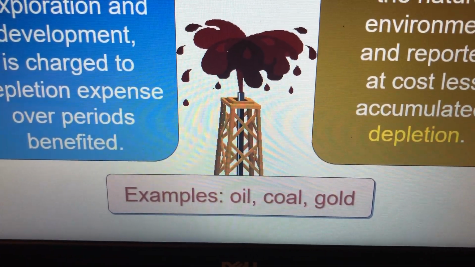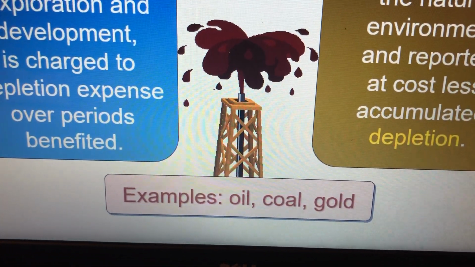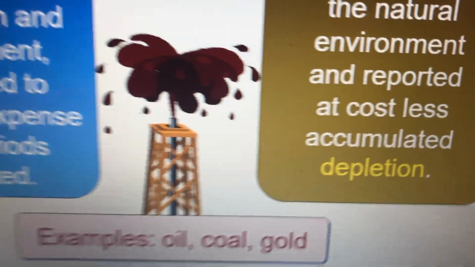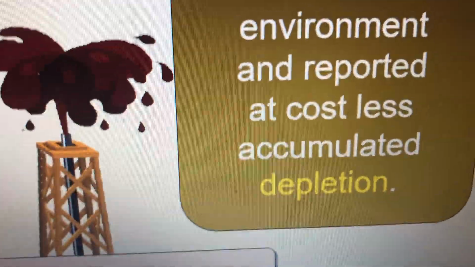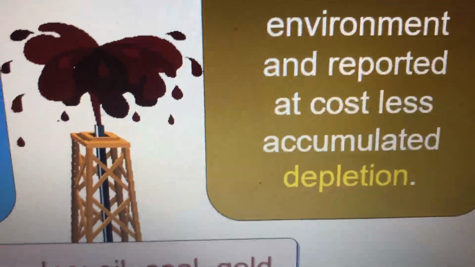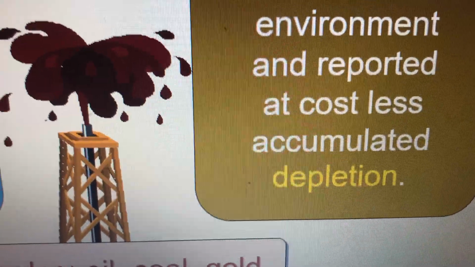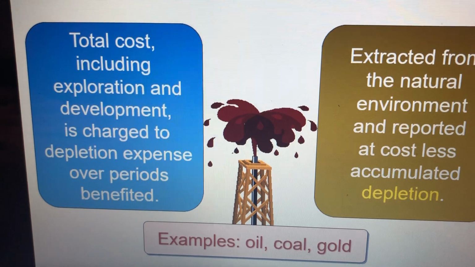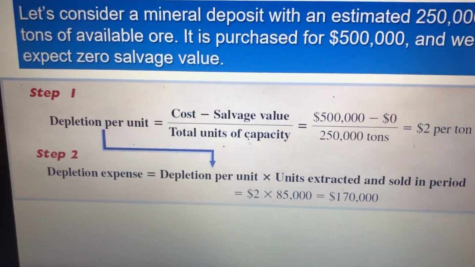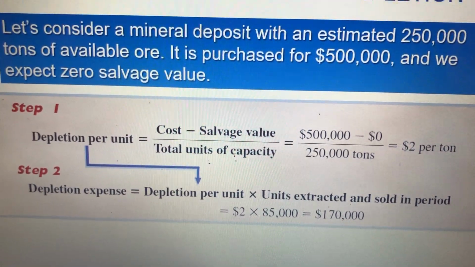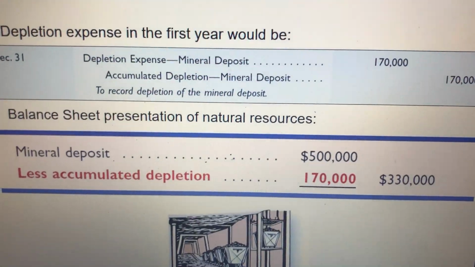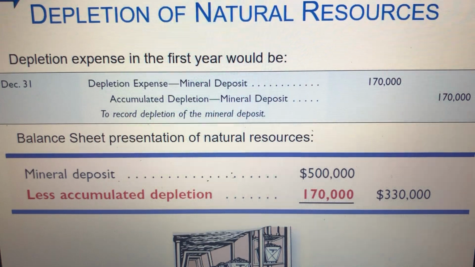Some examples: oil, coal, gold, diamonds, gas, natural gas. And what we do here is depletion. You would have a depletion expense, and accumulated depletion. Another thing I want you to know, and they use units on that. We're not going to do it, but do know those two items that I told you.